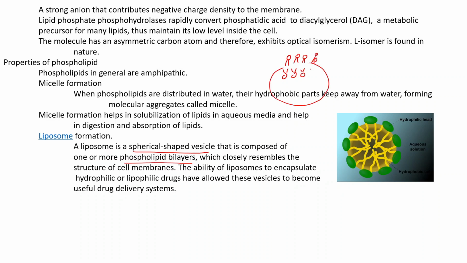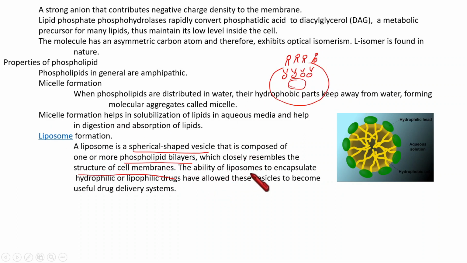Entirely this is forming in the form of a sphere, and there will be some space inside. And this bilayer closely resembles the structure of the cell membrane. This structure is called a liposome.